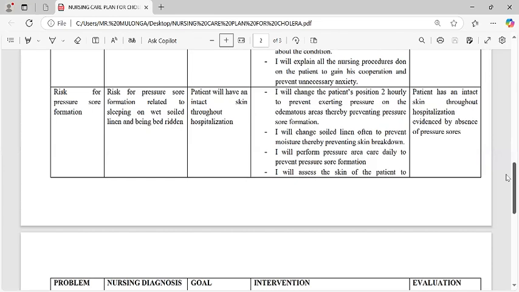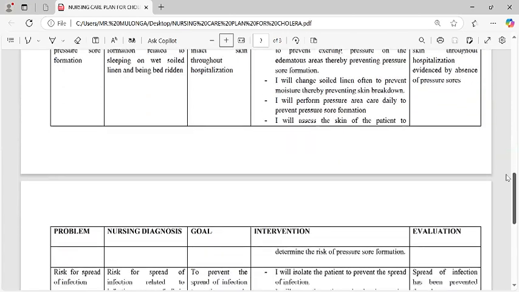So you have to change that linen. Then from there, I will perform pressure area care daily to prevent pressure sore formation. So you have to do pressure area care. And then lastly, I will assess the skin of the patient to determine the risk of pressure sore formation. So you have to assess the patient's skin on a daily basis.